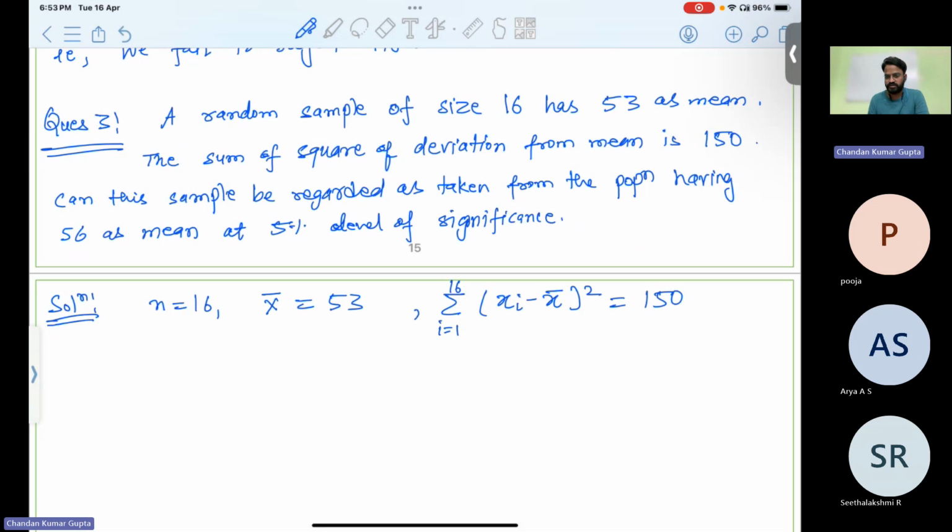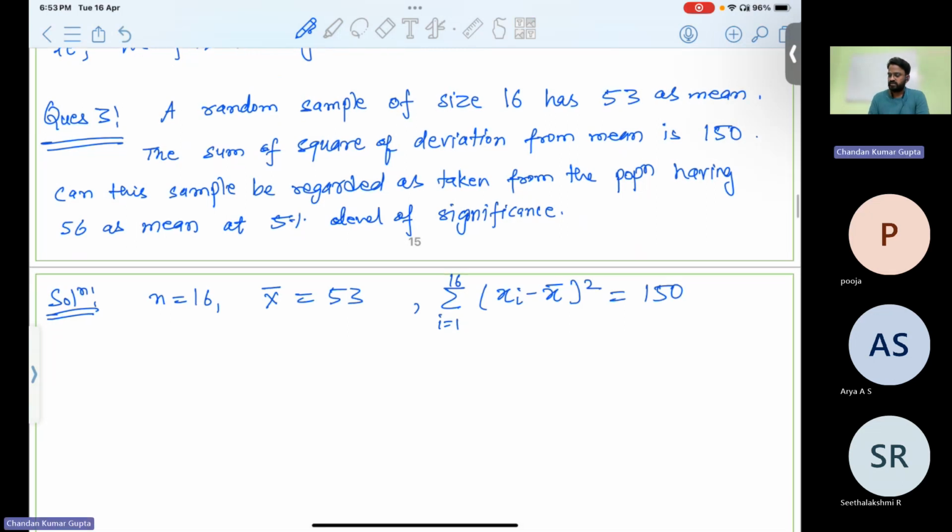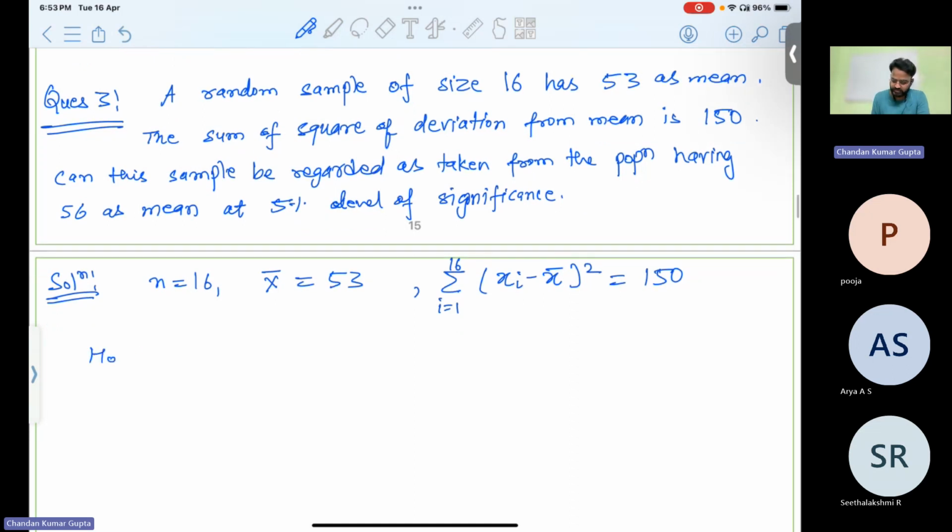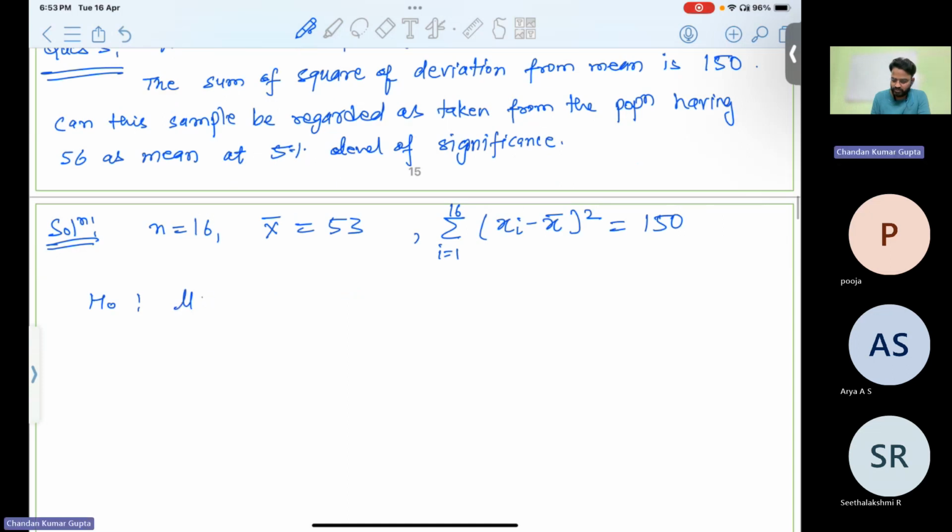These are from the sample, and we need to check whether the value of mu is 56 or not. So the hypothesis is mu equal to 56 against the alternative hypothesis mu not equal to 56.